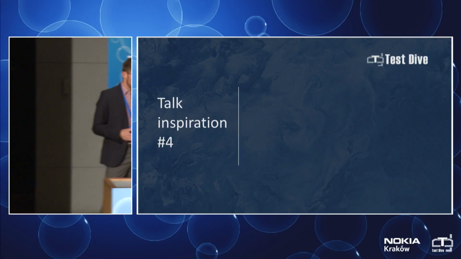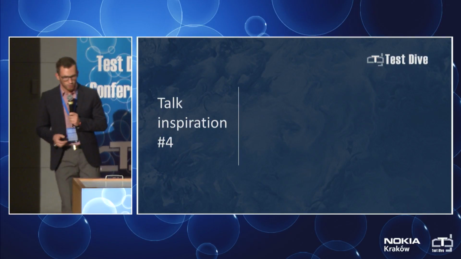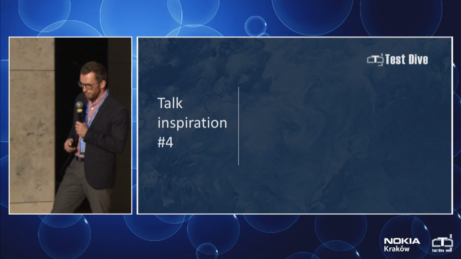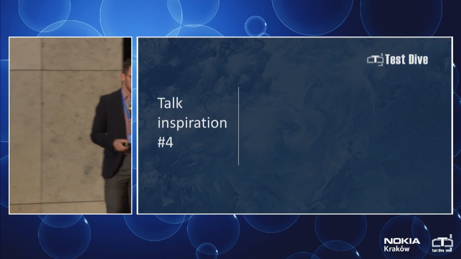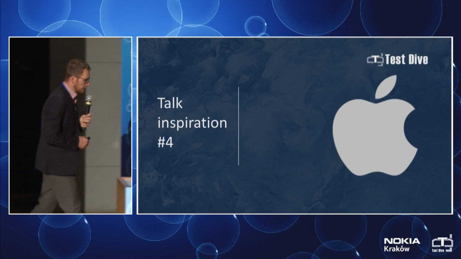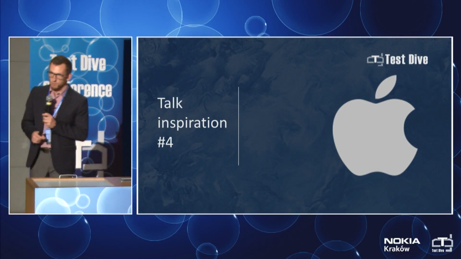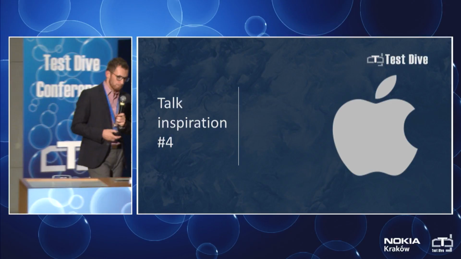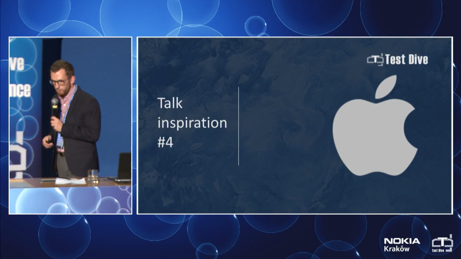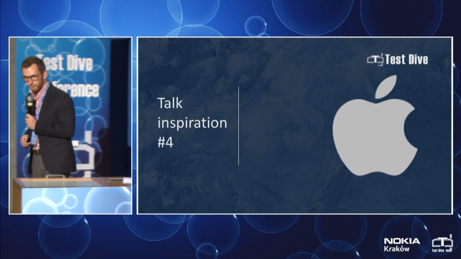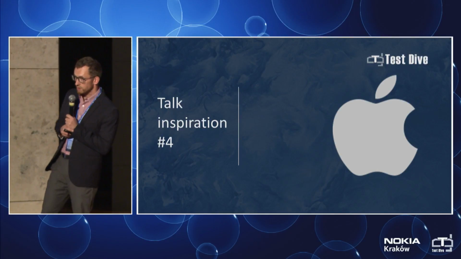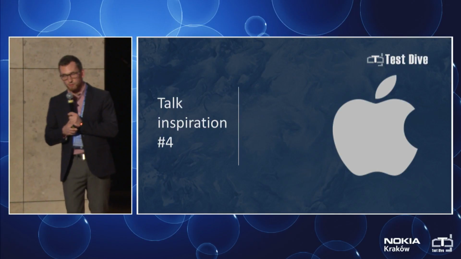And the last inspiration that I have, it's not exactly related to testing, it's more in the telecom industry. And it's maybe not the most fascinating one that can be, but I think it tells a good story that we can take something out of for us. So back in 2012, when Apple was releasing iPhone 5, for whatever the reason was, they decided not to support one of the LTE frequencies.